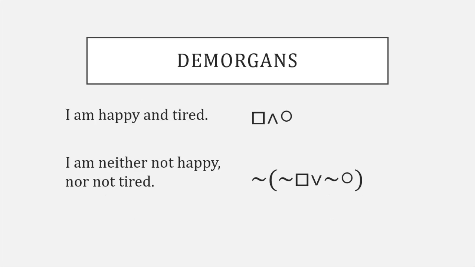And just a natural language version of this, because I think it's sometimes helpful to ground it in language. Suppose it's true that I am both happy and tired. So we get a true conjunction. That's equivalent to saying I am neither not happy nor not tired.